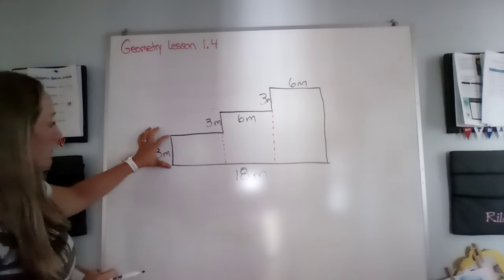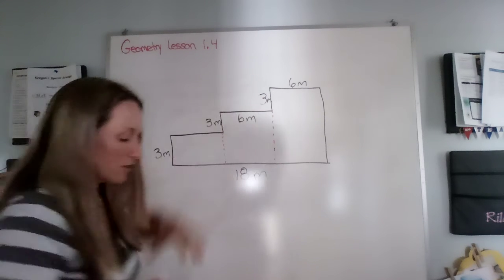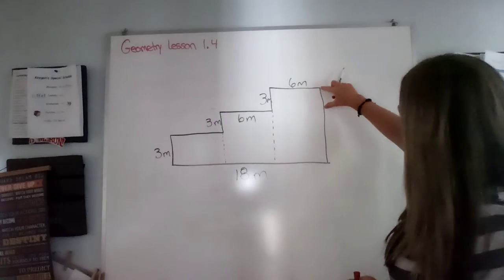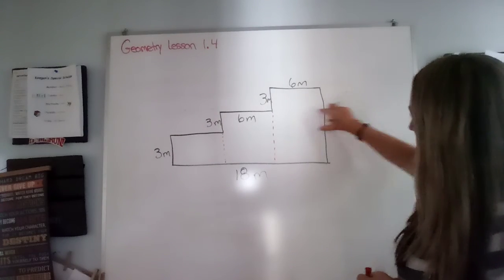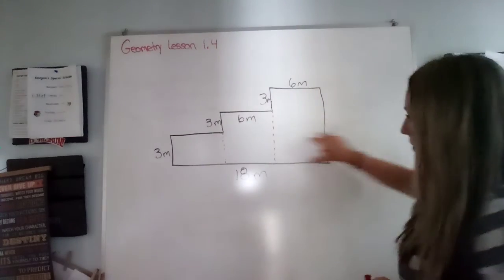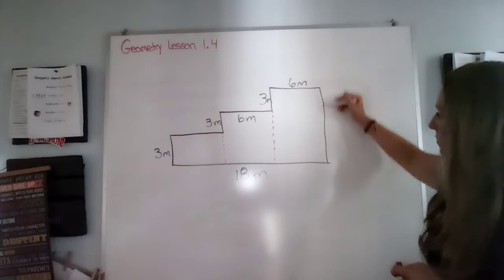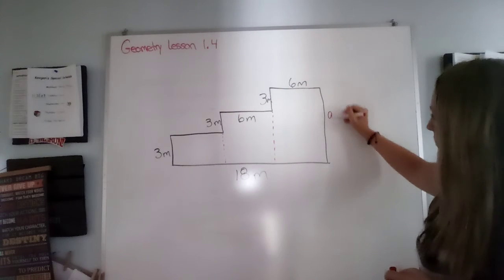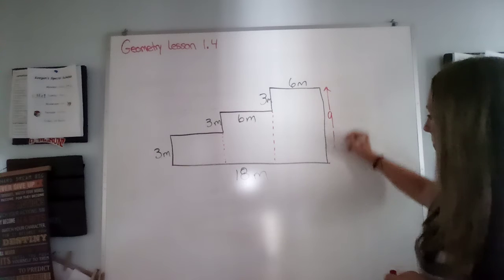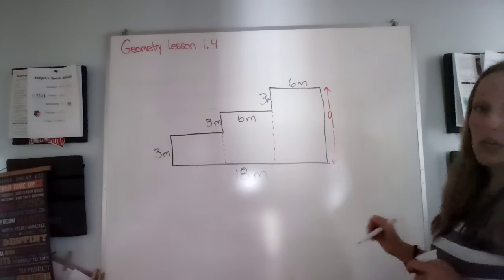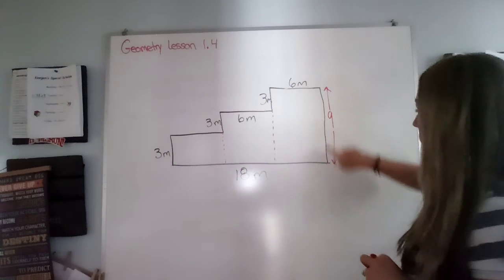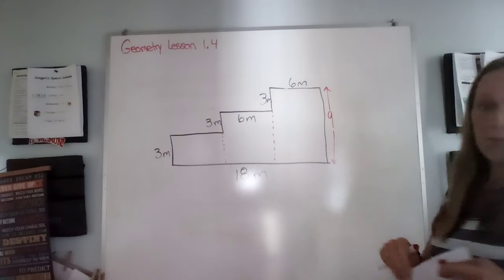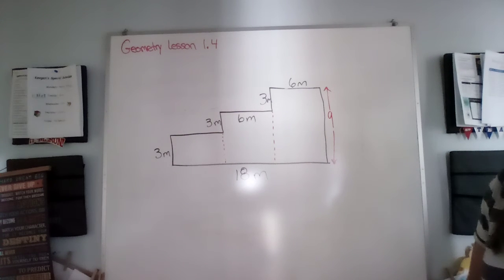If I have 3 meters, 3 meters, and 3 meters, 3 meters, right, for this piece, 3 meters to match up with that one, and 3 meters to match with the bottom one, 3, 6, I know that this whole thing has a length of 9 meters. Okay, so I can at least figure out this rectangle, right? If I multiply the length and the width, 6 times 9, to get you an area of 54.